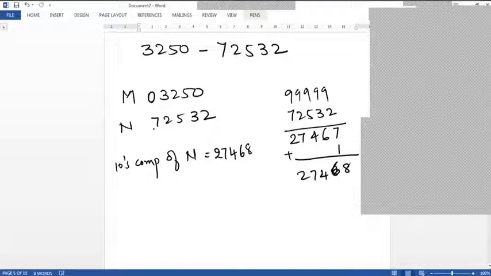Yes. Now we have to add this to m. तो अब क्या करेंगे? 03250 plus 27468. चलो बताओ क्या आएगा सम.